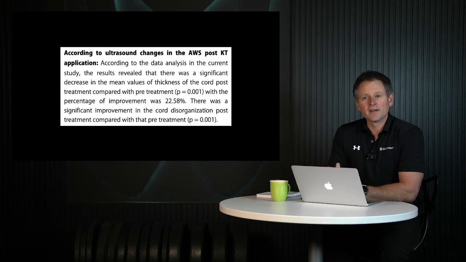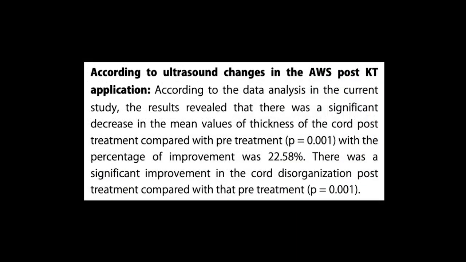All right, and then another interesting thing is that not only do we see a benefit in pain, but this is just the tape group alone. We saw through ultrasound that there was a significant decrease in the thickness of the cord of the tissue, post-treatment compared to pre-treatment, of almost a 23% decrease in the thickness of the tissue.